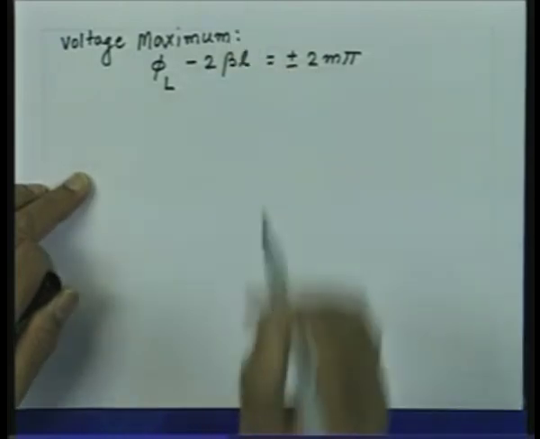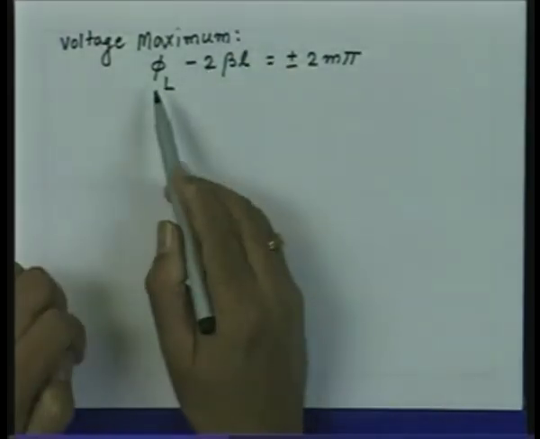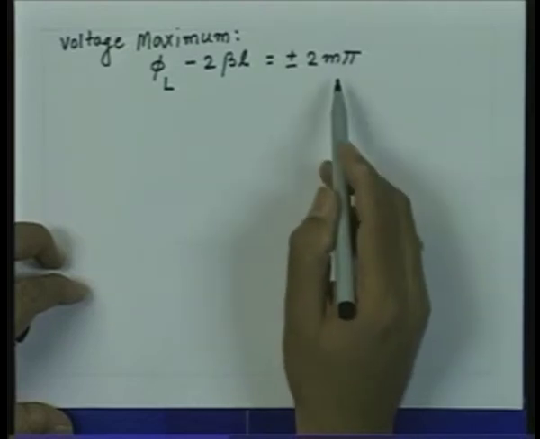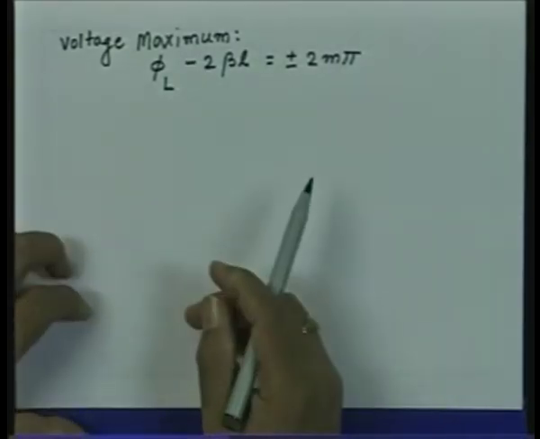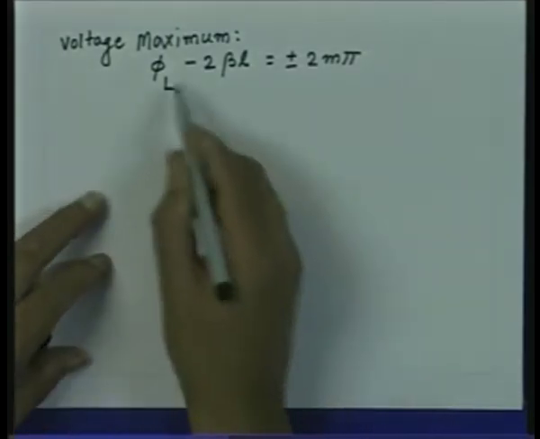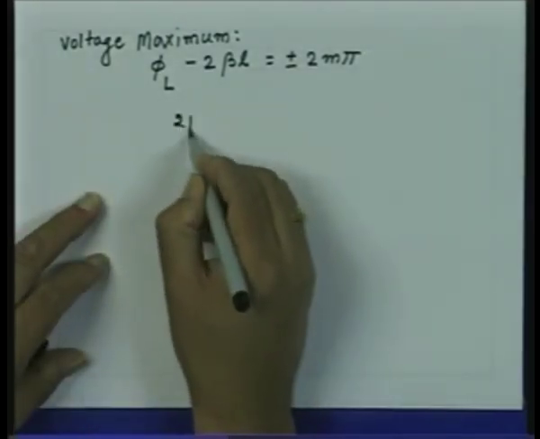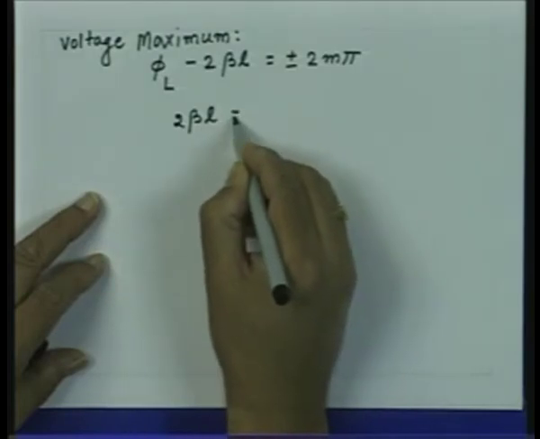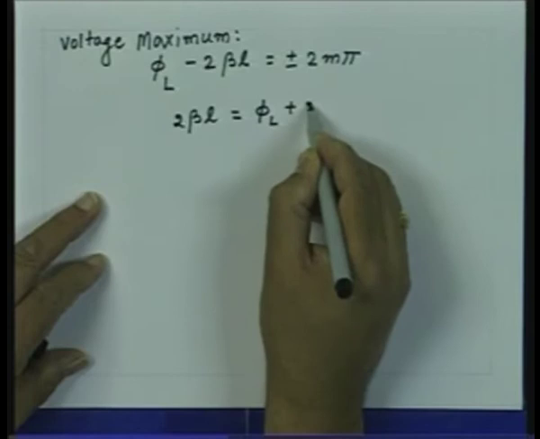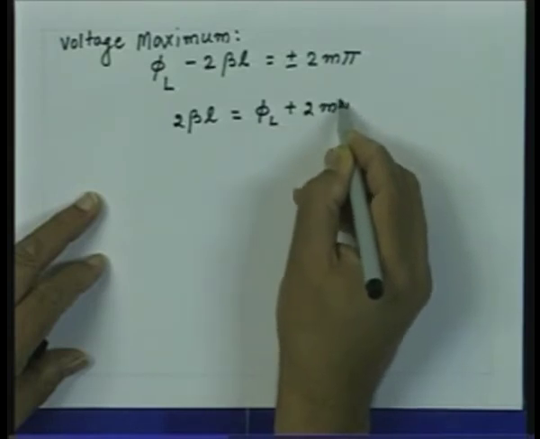So, the condition for voltage maximum is when the phase of the reflection coefficient at the load minus 2 beta L is equal to plus minus 2 m pi, that time the two waves have constructive interference and we get a voltage maximum. So, from here we can get 2 beta L equal to phi L plus 2 m pi.